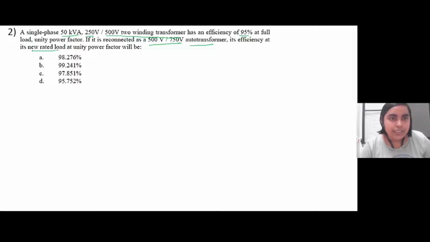New rated load means the current that is there for this auto transformer at unity power factor. So let us draw it first, then we will see. So we have 500, that is low voltage side on this side and high voltage side on the secondary.